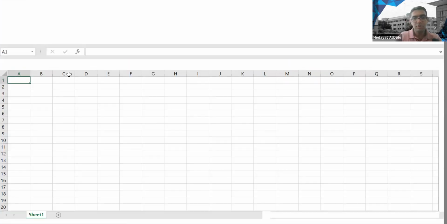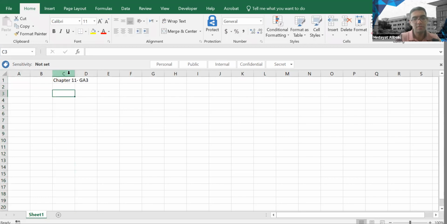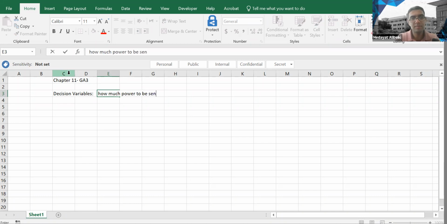So I just put it here, chapter 11, group activity 3, decision variables. How much power to be sent from each power plant?